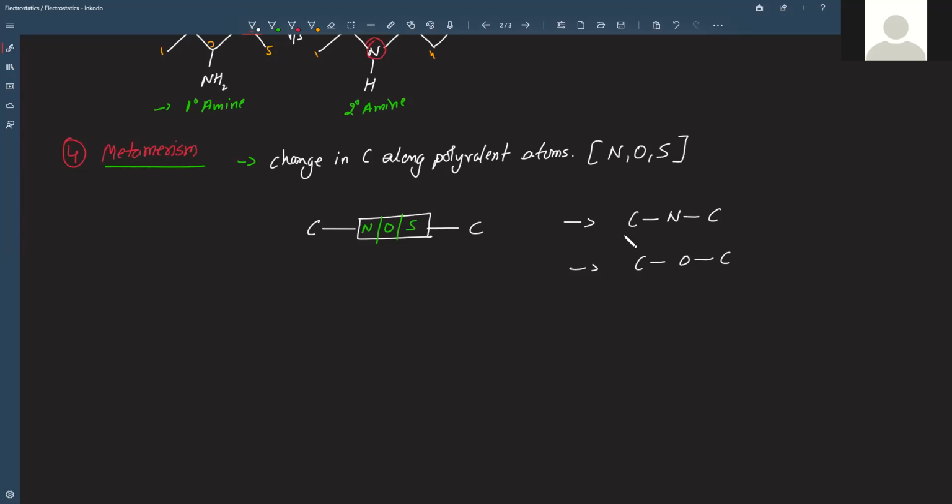The first compound is amine, and that too which type of amine? It may be a 2-degree or 3-degree amine.